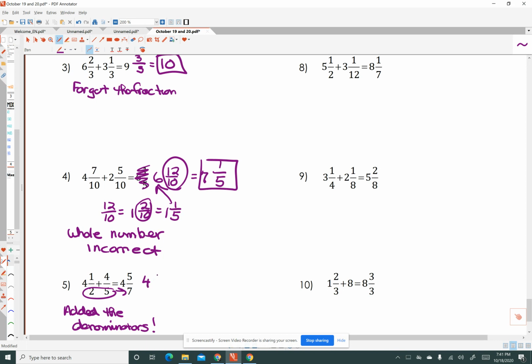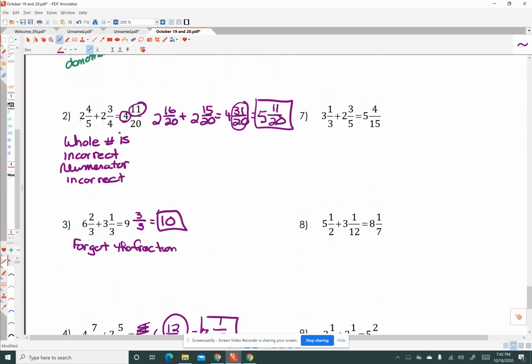So 4 and 5/10 plus, we don't have any whole number here, but we have 4/5, which would be 8/10, equals 4 and 13/10, which simplifies because we have to deal with this improper fraction. And we add that to the 4, which gives us 5 and 3/10.